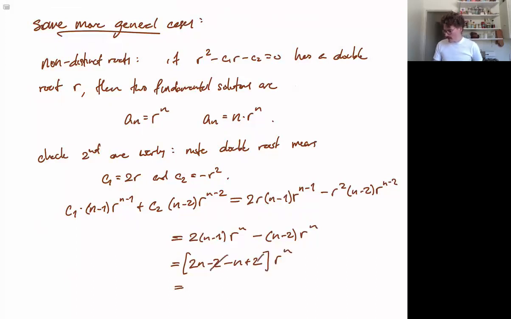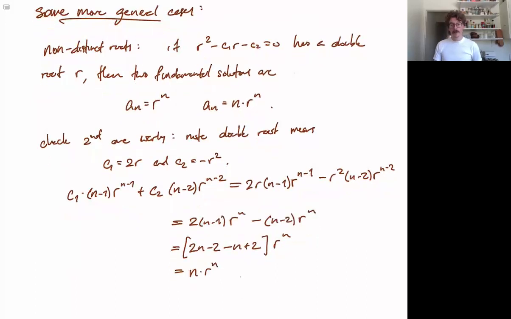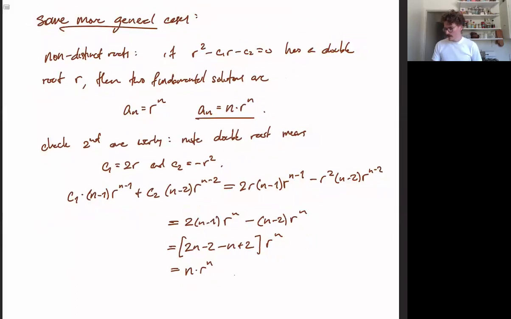And then these cancel, and we're just left with n. And that's exactly what we wanted, because that shows that a_n is equal to a_(n-1) times c1 plus a_(n-2) times c2. So that equality shows that it satisfies our recurrence relation.